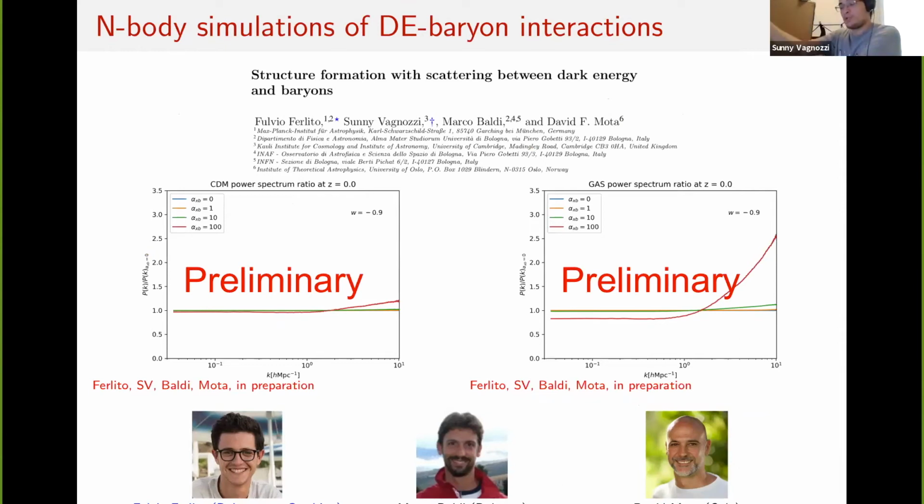So we are running n-body simulations of scattering between dark energy and baryons. These are very preliminary results, but our simulations show something interesting. On linear scales, you get this very small suppression I showed you before, but on non-linear scales, this suppression becomes an enhancement, okay?